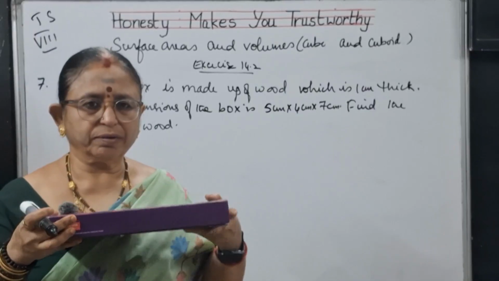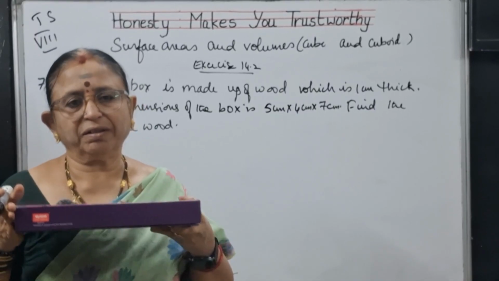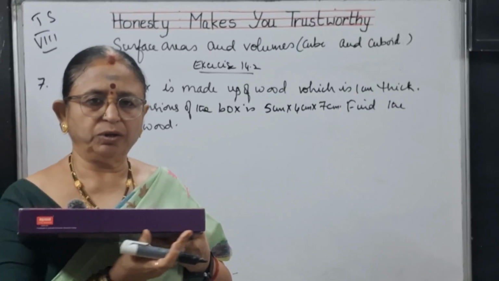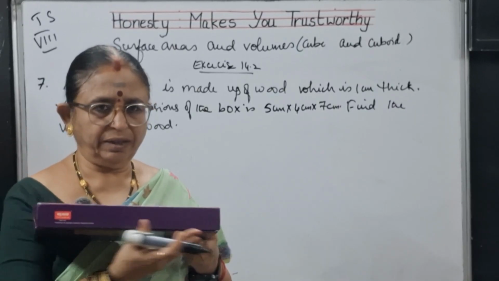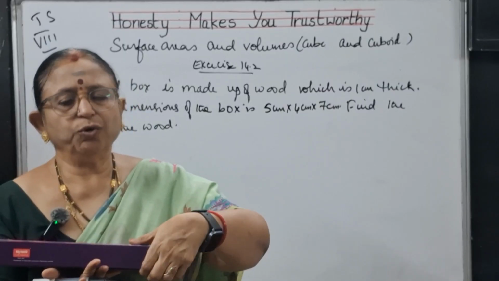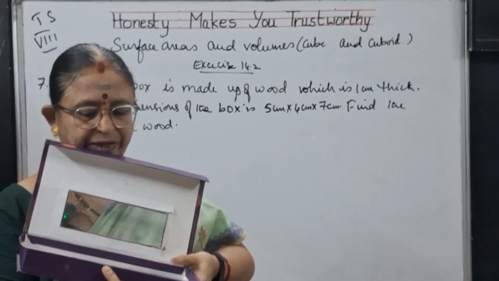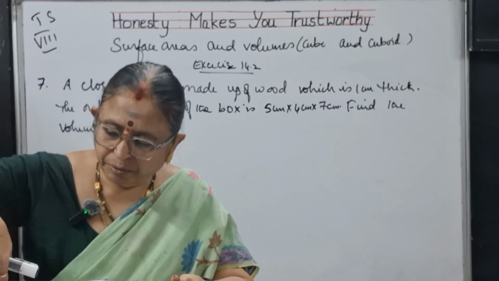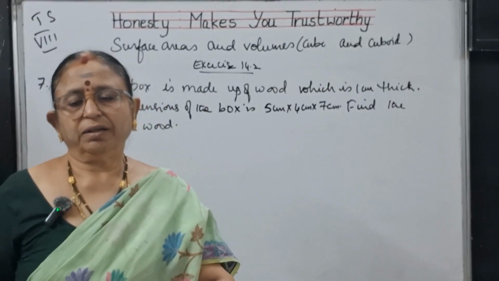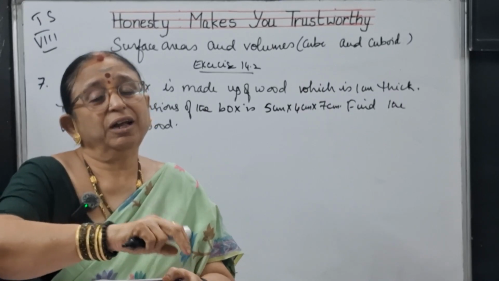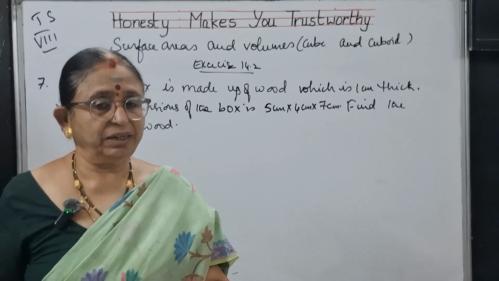Now imagine that it is made up of wood. Then these are all outer dimensions: outer length, outer breadth, outer height. When you open this box, you will have inner dimensions: inner length, inner breadth, inner height.